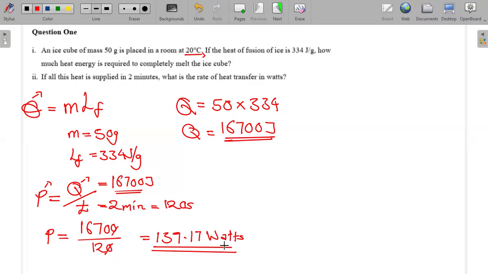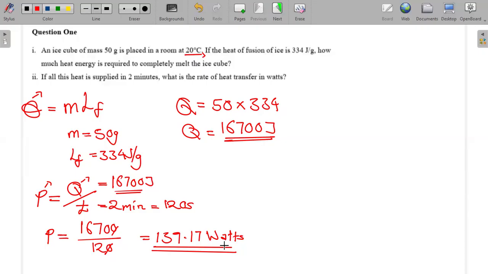We've calculated the amount of heat that is required to melt the ice cube, which we've said depends on the mass and the latent heat of fusion of ice. Then we've also calculated the rate of heat transfer, which basically means the power. It's the time that it's taking for a particular action to take place, which in this case is the heat being transferred.